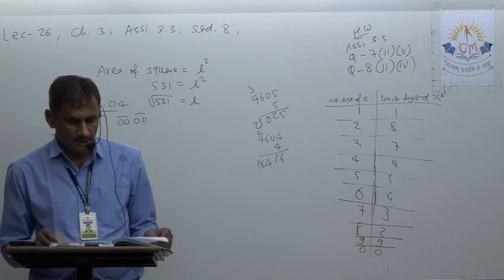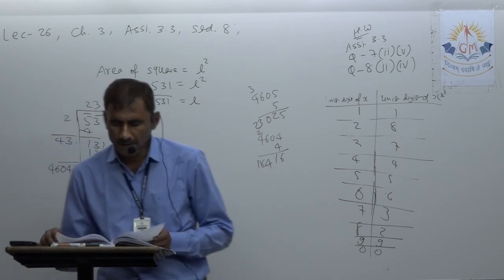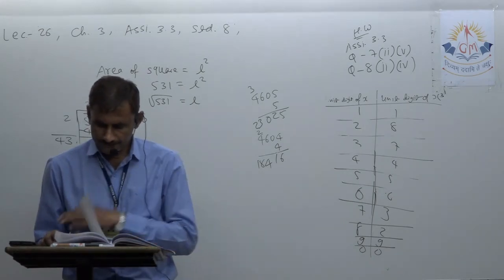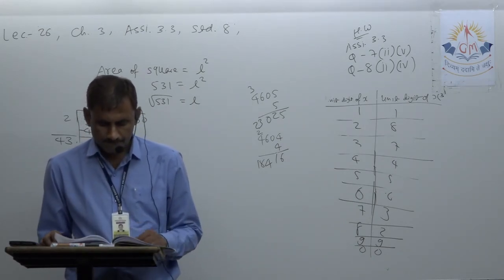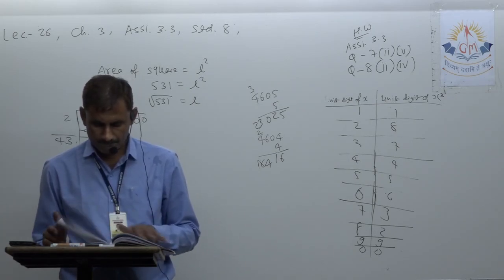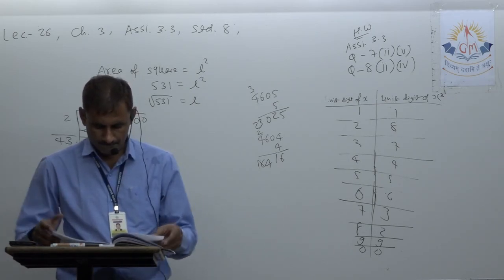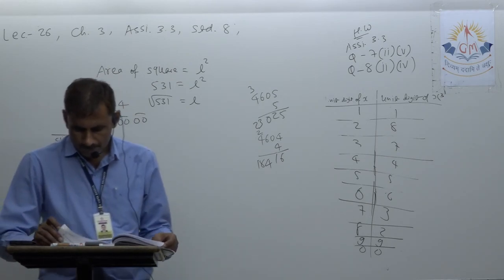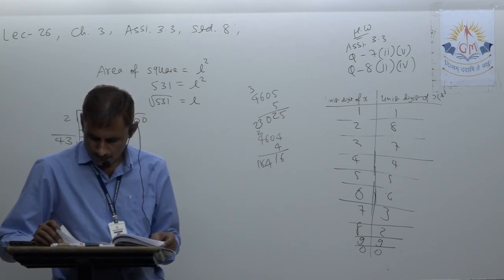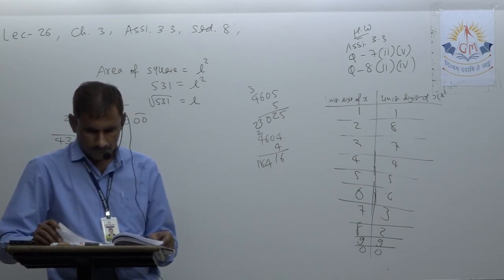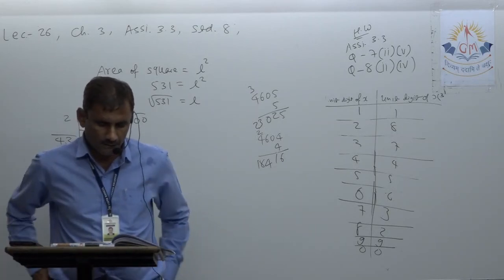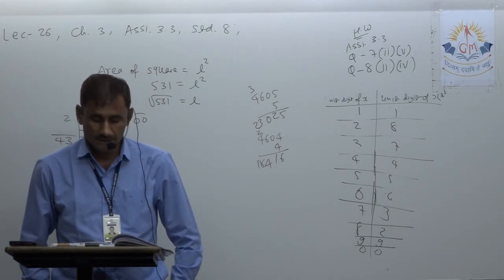First of all, at example number 5, there is one method given. And another one is the square method, as you know.